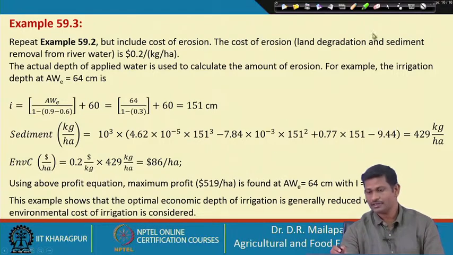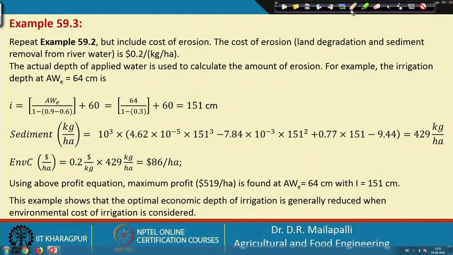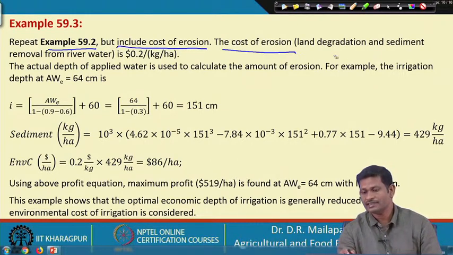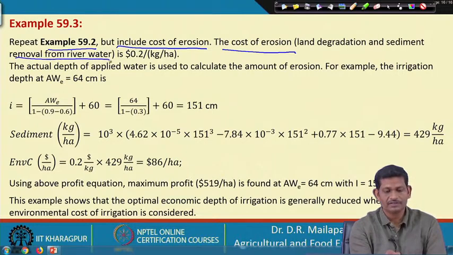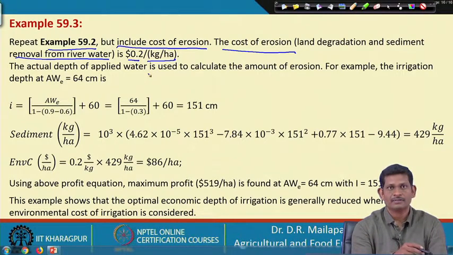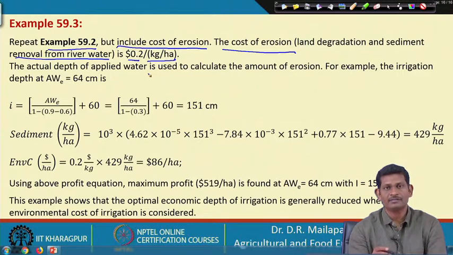Now, for example, including the environmental cost. Here, repeat example 59.2, which is a surface irrigation system, but include the cost of erosion. The cost of erosion, land degradation and sediment removal from the river water is $0.2 per kg per hectare. Suppose the sediment removal cost is 0.2 per kg per hectare from the water body, where the sediment from nearby fields is being added.